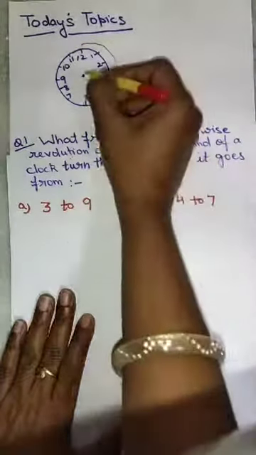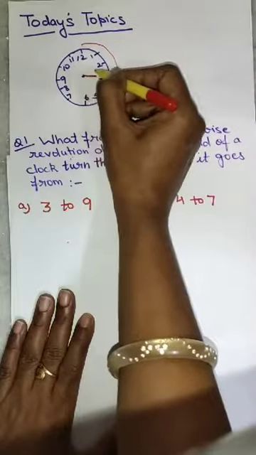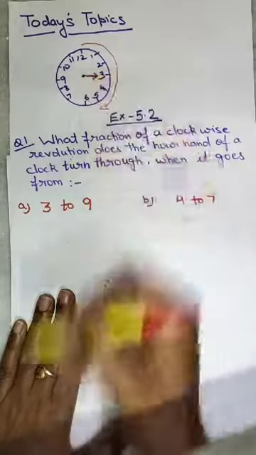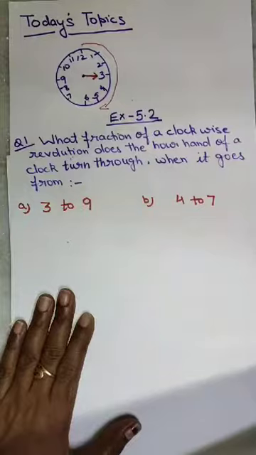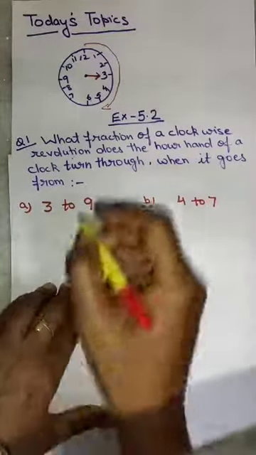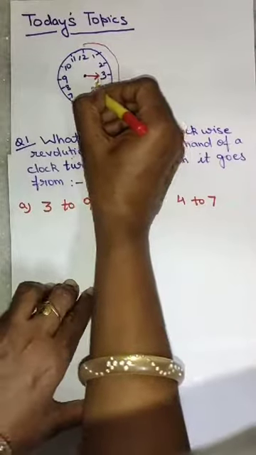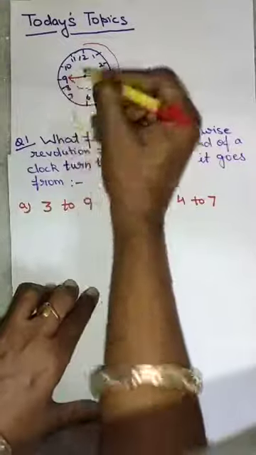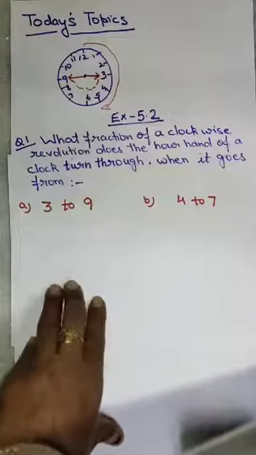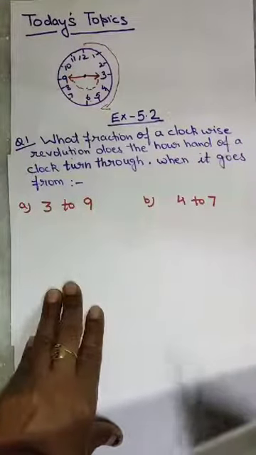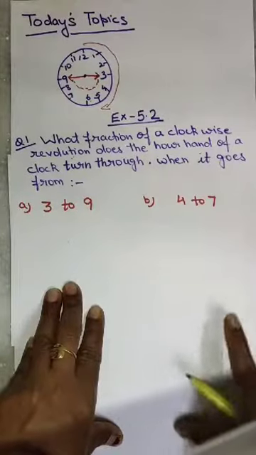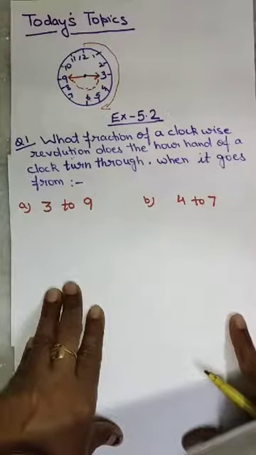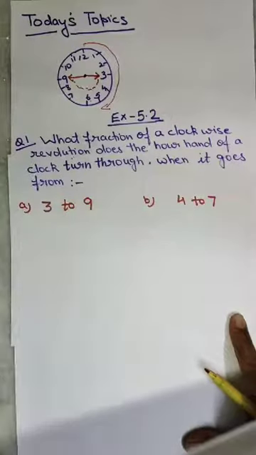That means now our clock hand is here on 3, and it is moving clockwise up to 9. From here it keeps on going and it goes up to 9 like this. Now you have to tell what fraction of a clockwise revolution it covers.